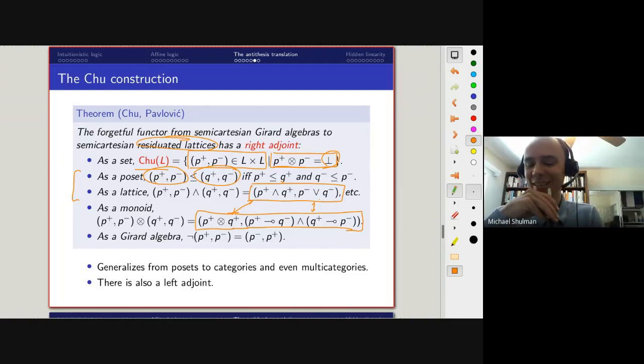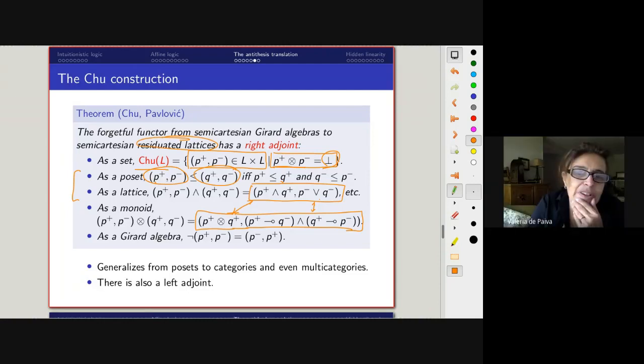Yeah. Right, but in any case, it is philosophically interesting to ask: is affine logic more important than linear logic, or more important than intuitionistic logic? What's your take?